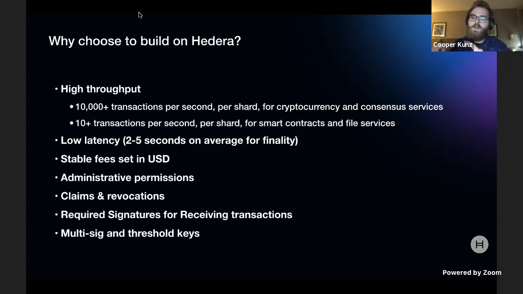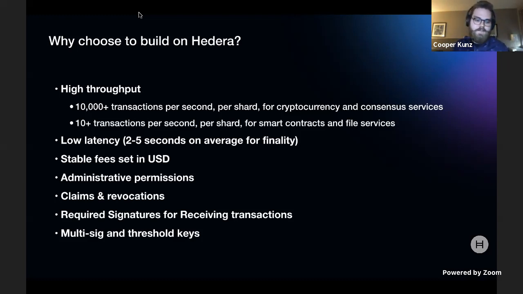And I can make it so only these people are allowed to send me transactions. Basically, every member of this group would have to sign off on a transaction for it to get into my account. And so if you're a large business and you're dealing with economic sanctions, or you're a government dealing with economic sanctions, and you need to prevent other people from other countries sending you money, or you need to make sure that only approved parties are sending you money, this is a really interesting thing that Hedera enables.